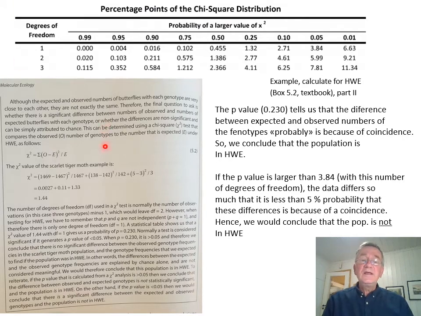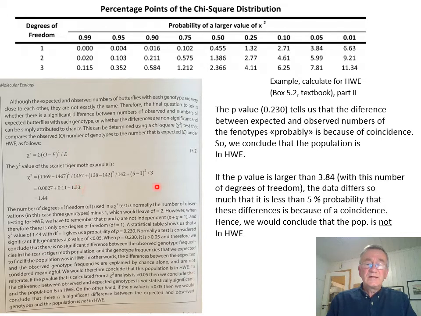The formula for a chi-square test is shown here. We take the observed value minus the expected value, square that, and divide it by the expected number, and we sum that for all the genotypes we are studying.